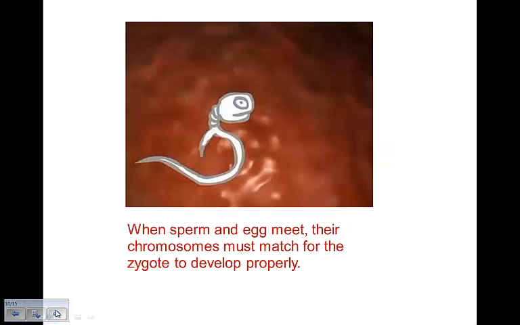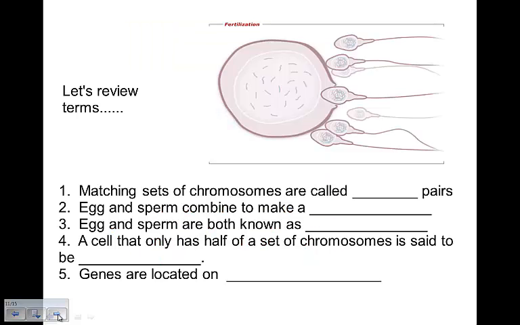All right, so when the sperm and the egg meet, their chromosomes must match for the zygote to develop properly. If you took a sperm from a pea plant with a chromosome number of 14, and then an egg from a human and tried to mix those together in the lab, they're not going to match because the chromosome number does not match. So they're not going to develop properly.